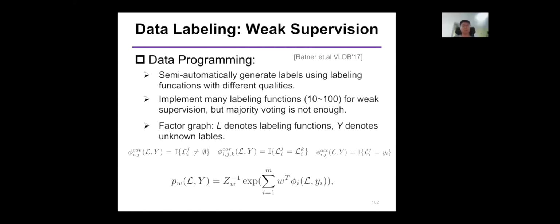To address this, Snorkel is proposed to aggregate the results of multiple labeling functions to infer the final labels.